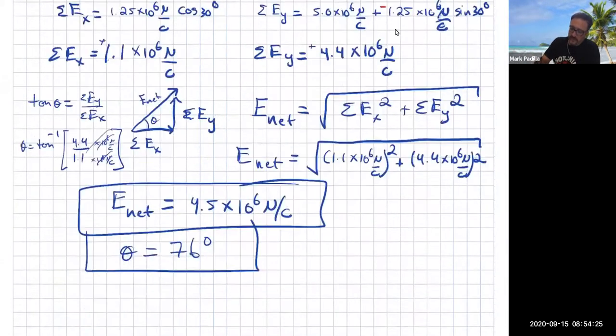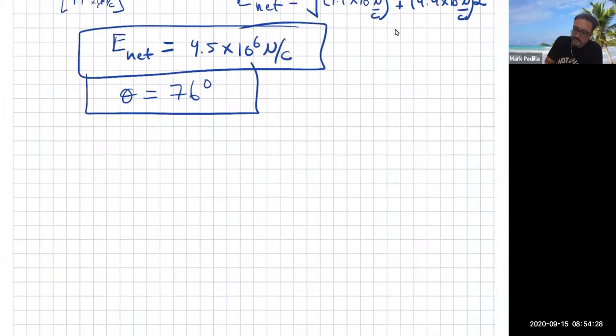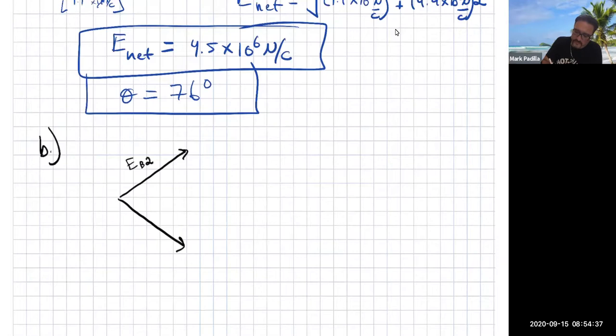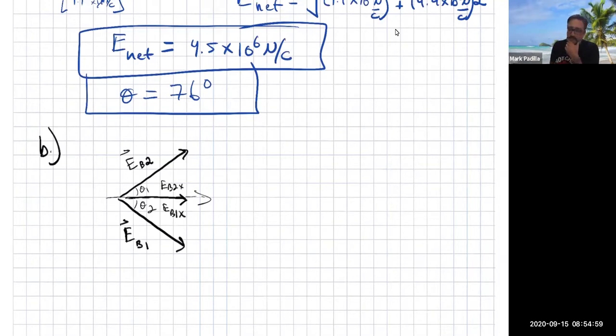All right, so let's go down here, part B. EB2, EB1, theta 1, theta 2. And we know that EB2x and EB1x are exactly the same, right?